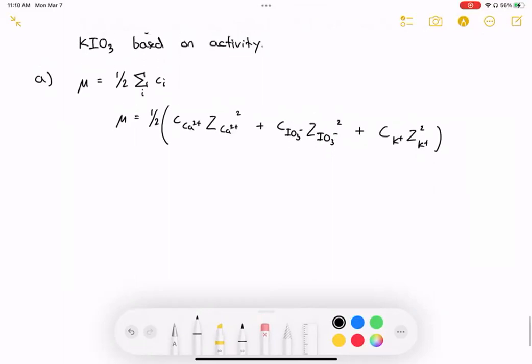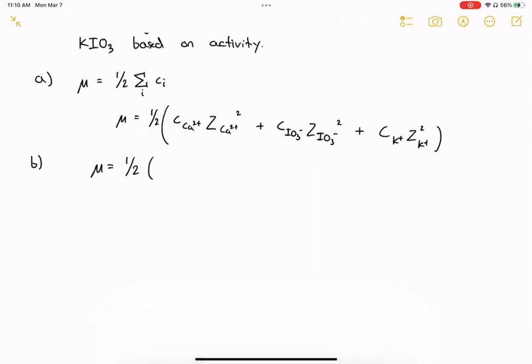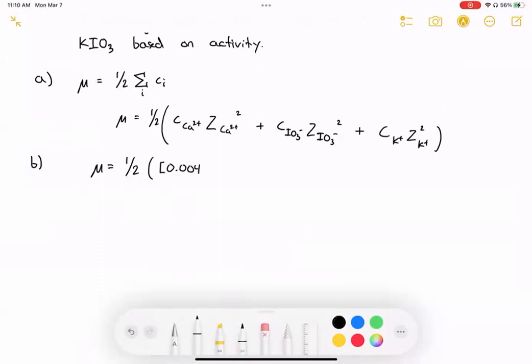So that's our concentration. Now let's rewrite it in terms of our solubility x. All right. So mu will be equal to 1/2. The concentration of calcium was 0.0041. And then the charge of calcium is going to be 2 squared, right? Oh, sorry, we could just do this.